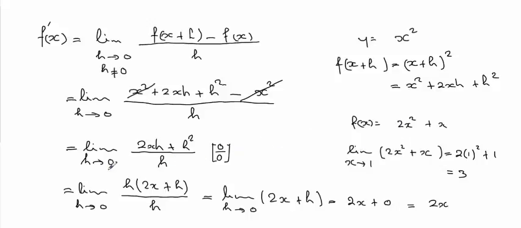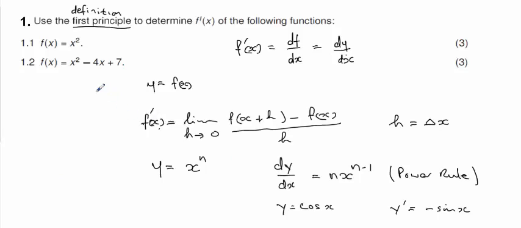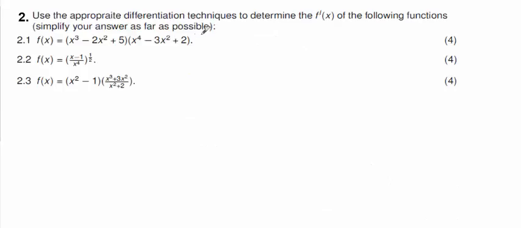That's enough for that. Then coming to the second exercise, as you can see, it's very similar. I hope this explanation suffices, and you can do this one easily, taking into account the points highlighted. So let's now pass to exercise number 2. Now when we get to number 2, it says use the appropriate technique of determining f prime.